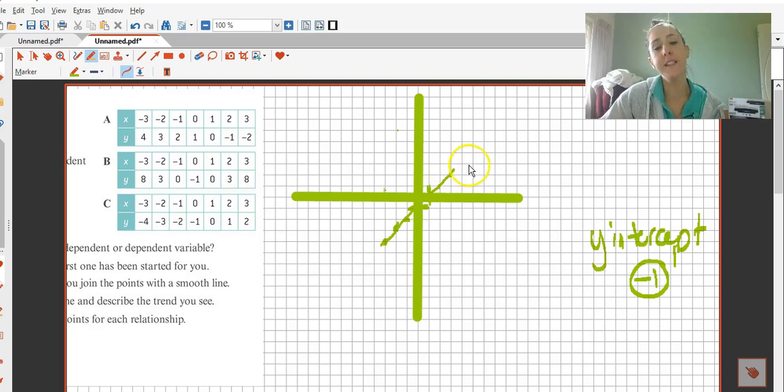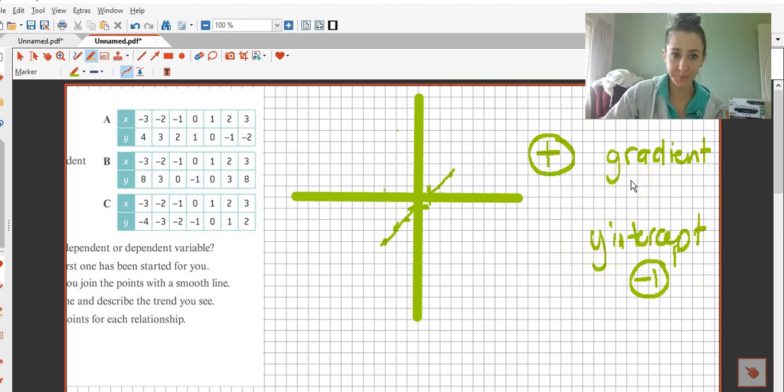So you can see from that line that it is a positive relationship. It's got a positive gradient. So positive gradient. And the y-intercept is -1. When you're looking at these, the gradient will be determined by the relationship between x and y.